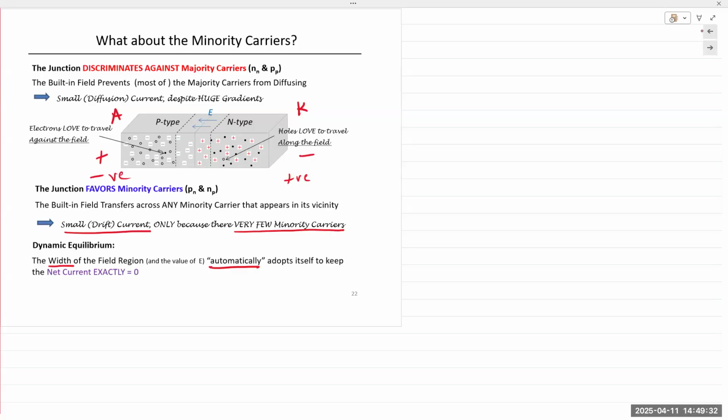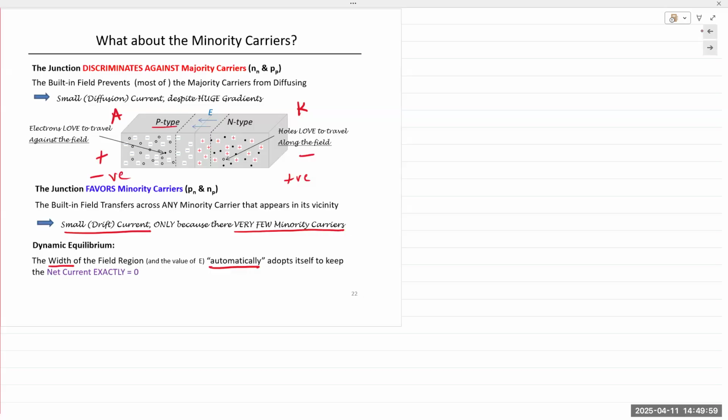Whether you apply forward bias or reverse bias, minority carriers will behave exactly the opposite way. If you're reverse biasing this junction, electron is a minority carrier in the p type. So the electron is forced towards the junction, and the hole is also pushed towards the junction.